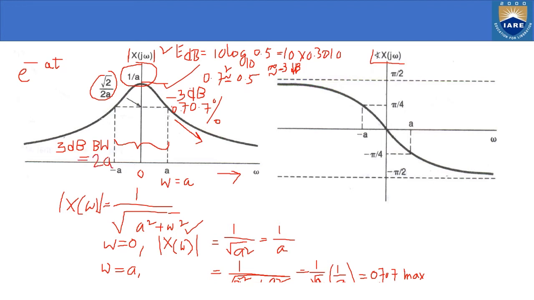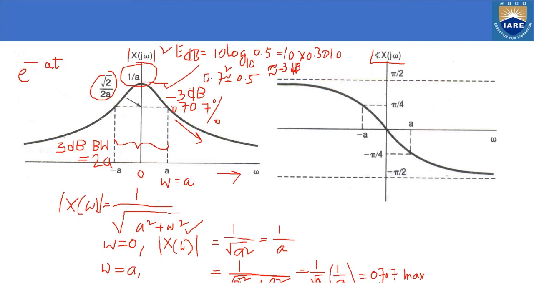So this is the meaning of this. Okay, this much meaning you should extract from this curve. Otherwise, if you just plot it and don't understand the meaning, it doesn't make any sense. Okay, so I think I have spent sufficient time on explaining this curve. Similarly, let us move to the phase function. So in this, what is happening here?